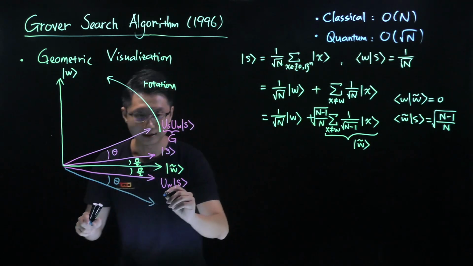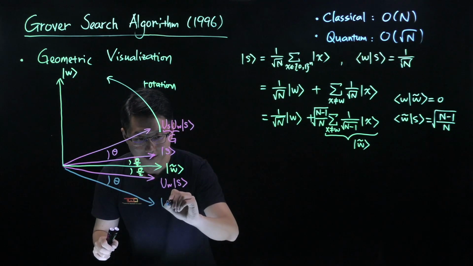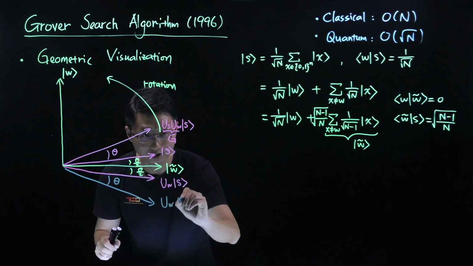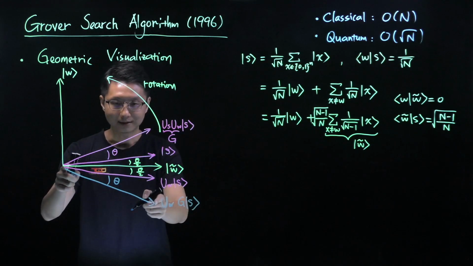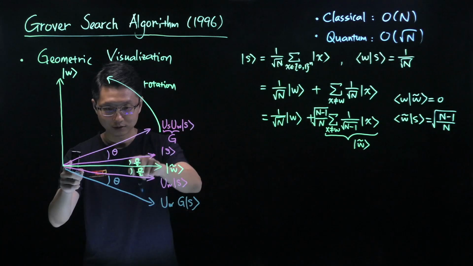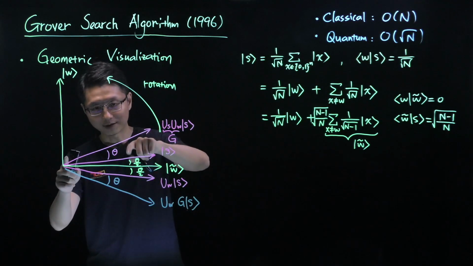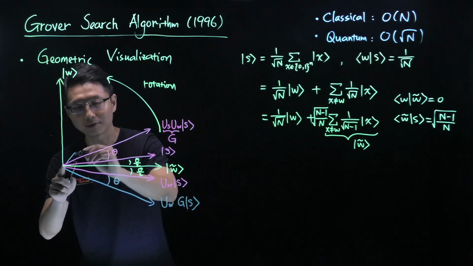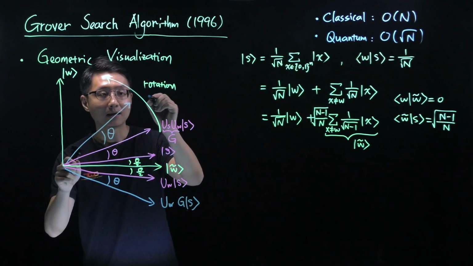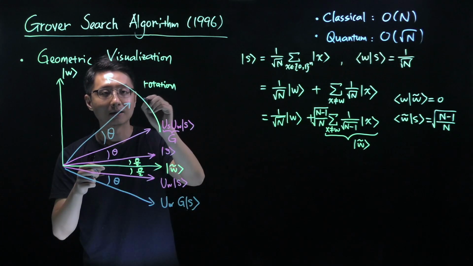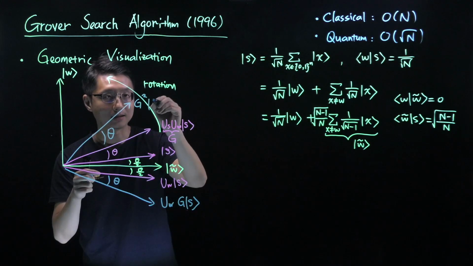Alright, so this is another action of the U_W acting on G S. And then I'm going to reflect this about the S. So this is 2 theta. So that goes to theta over here, but there's already a theta. So it will go over here. So this is another theta. And this state will be, I've applied this Grover iteration twice. So this state will be G squared acting on the state S.